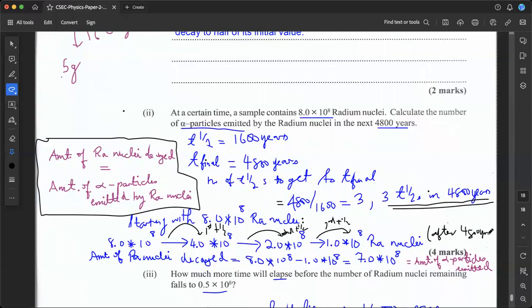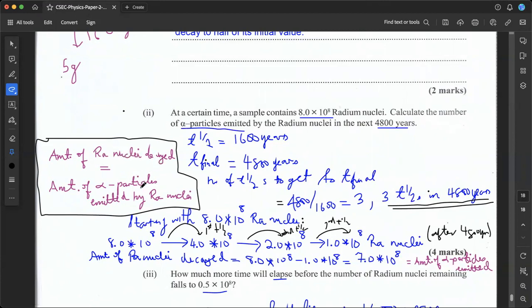Now I want to know, if I started out with 8 and I ended up with 1, the amount of radium nuclei that decayed was what I started with minus what I ended up with. So 7.0 times 10 to the 8 radium nuclei were decayed.